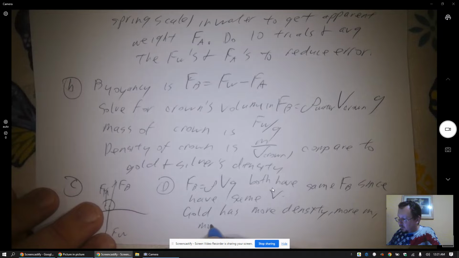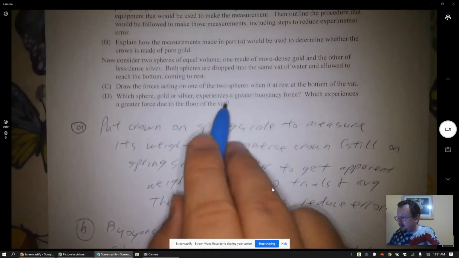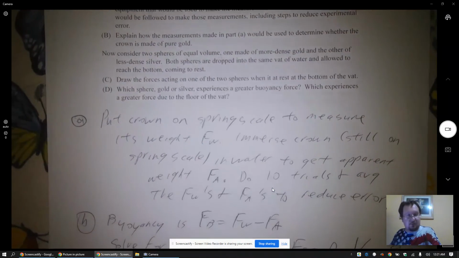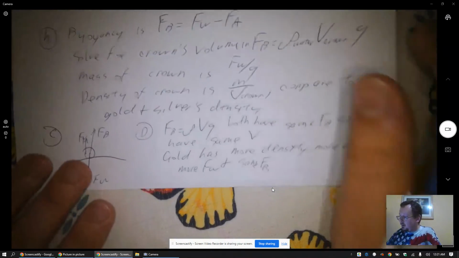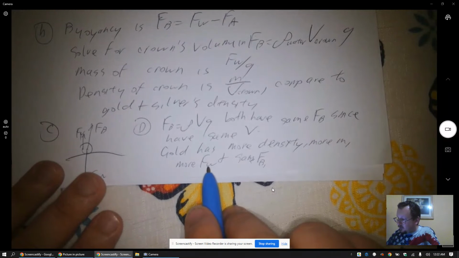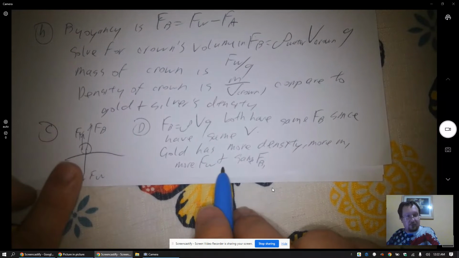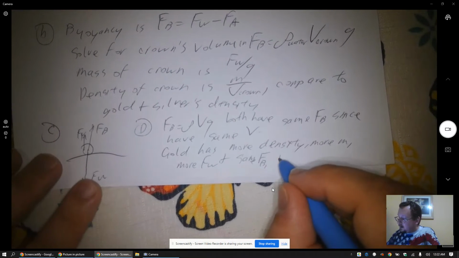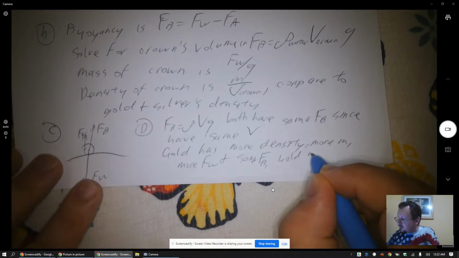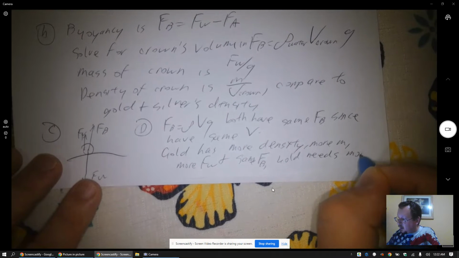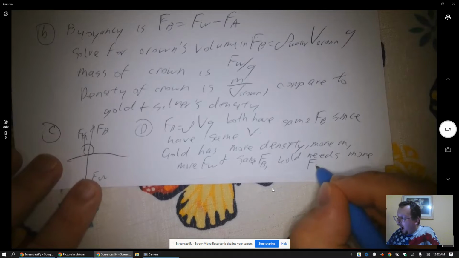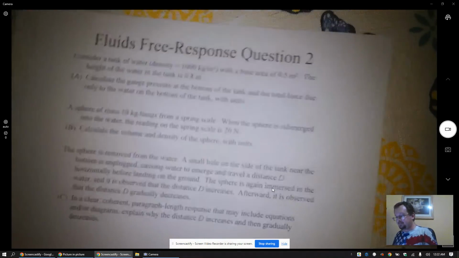It's going to have more force weight and the same force buoyancy, right? It's asking which experiences a greater force due to the floor of the vat. So if gold has the same buoyancy force but greater force weight, the gold needs more force normal from the bottom of the vat.